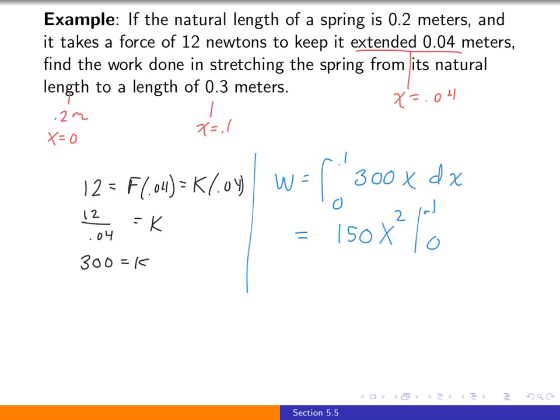We plug in 0.1, we put a minus sign, we plug in 0. So 150 times 0.1 squared minus 0 squared. That's going to be 150 times 1 over 100, which is 1.5. And once again, the units here, because we're dealing with meters and newtons, is going to be joules.